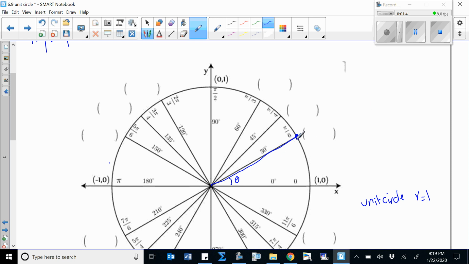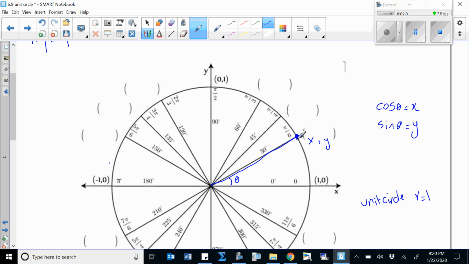This point has coordinates x and y. And cosine of theta will be equal to x, sine of theta will be equal to y. So we're going to keep this for now, and we'll refer back to this later.